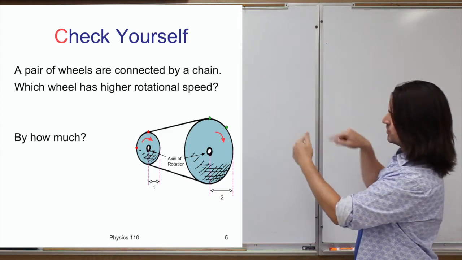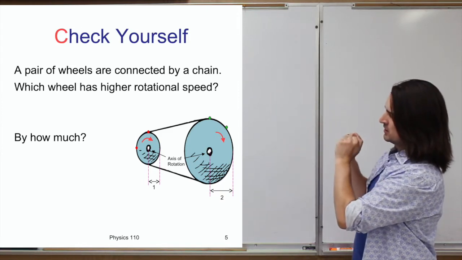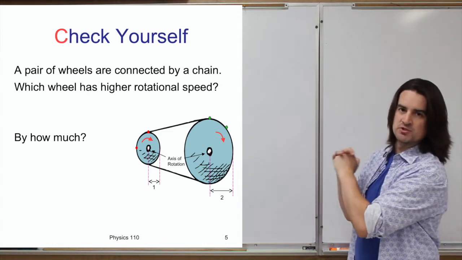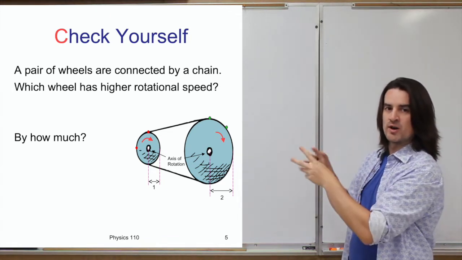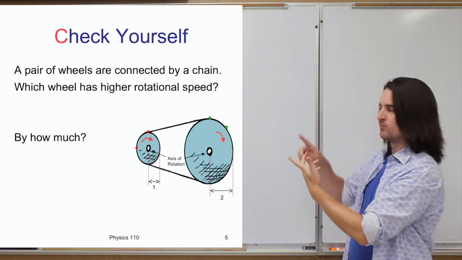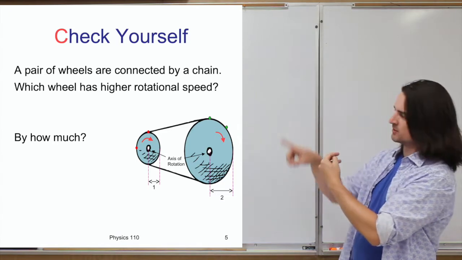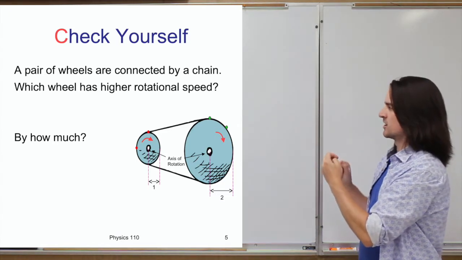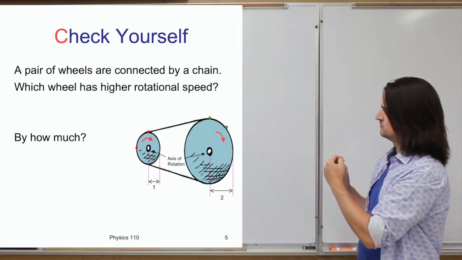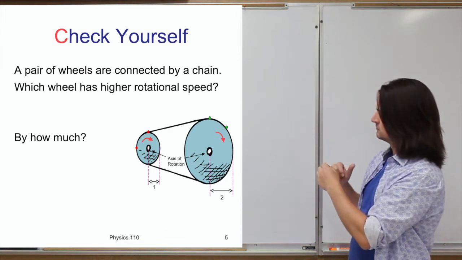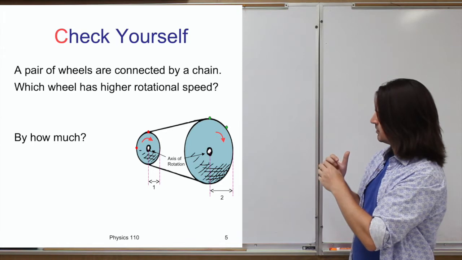and so when they're rotating, which wheel is going to have the higher rotational speed? Meaning, which one's going to go around more per second, make more revolutions? And by how much?